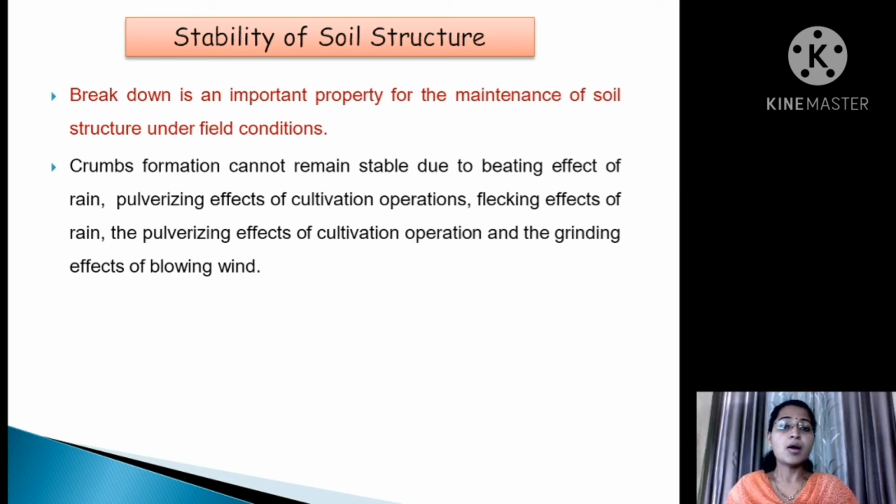That means they are broken due to the beating effect of rain, the pulverizing effects of cultivation operations, the flaking effects of rain, and the grinding effects of blowing wind. Due to all these effects, these clumps are breaking down.